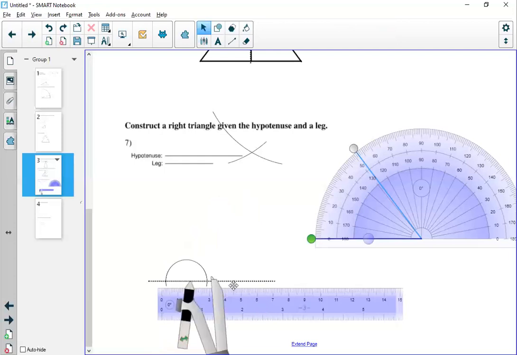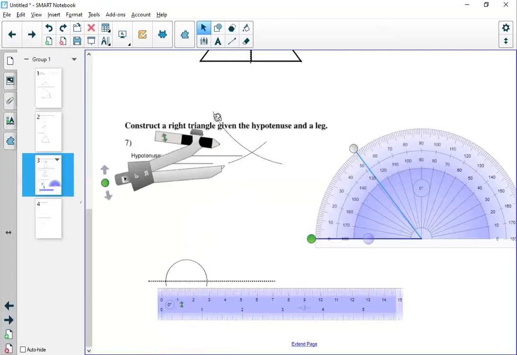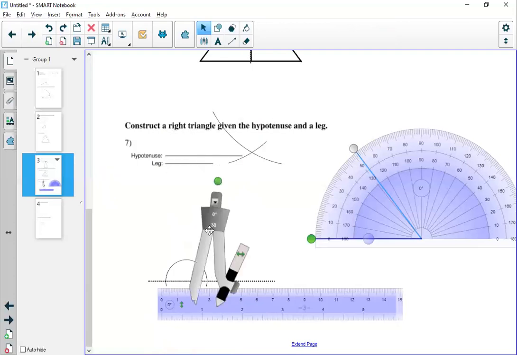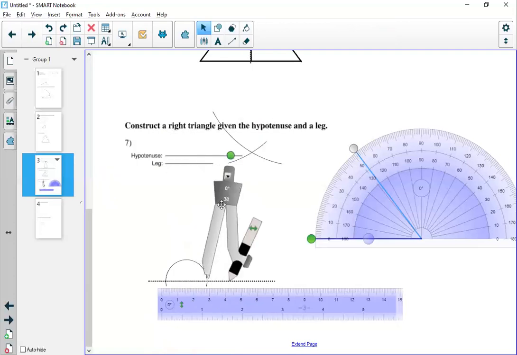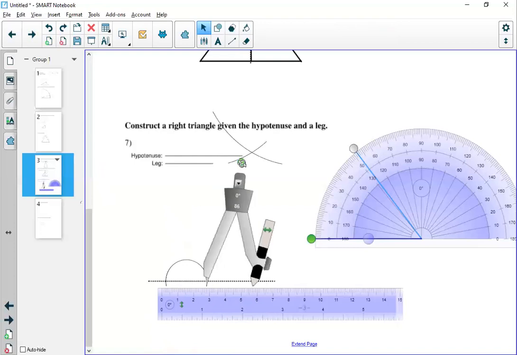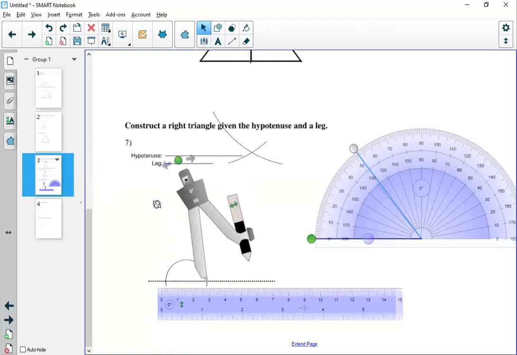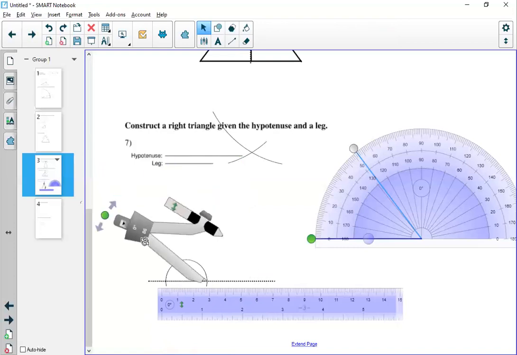So now with that arc, remember we're constructing a right angle, that is 90 degrees. So bring the compass to this center.